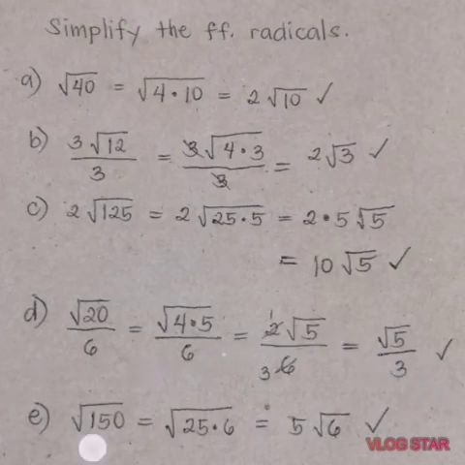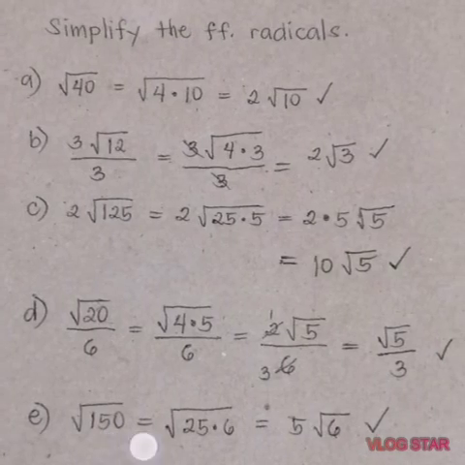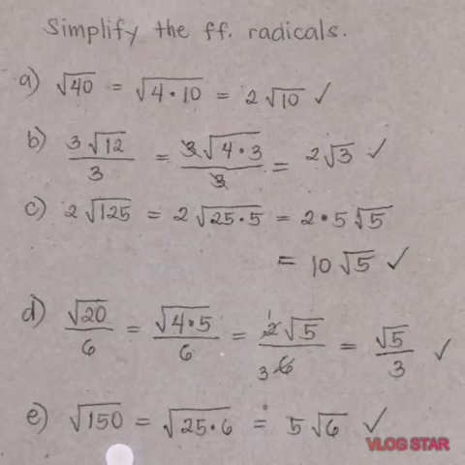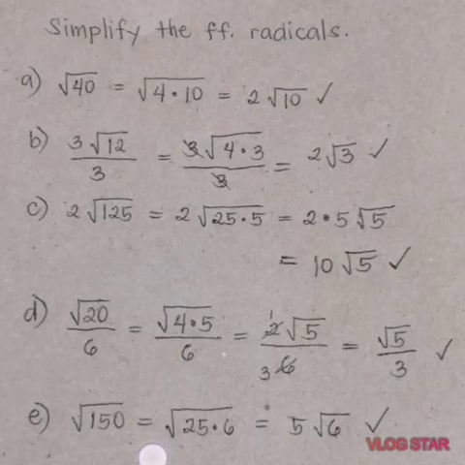Next, letter E is square root of 150. Okay, of course, first you're going to think of factors of 150. And maybe you think 10 and 15. 10 is not a perfect square, also with 15.